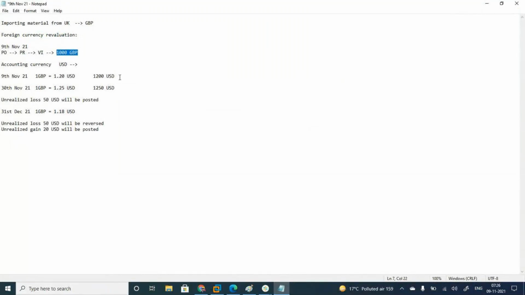You are not paying US dollars. It is with the bank. You need to purchase 1000 GBP using your bank. Whether you are spending $1200, $1250, $1800 or $1180, you need to purchase from the bank and pay 1000 GBP.